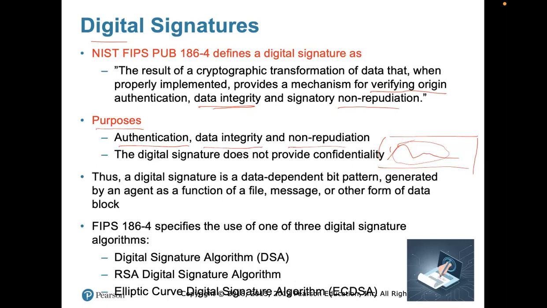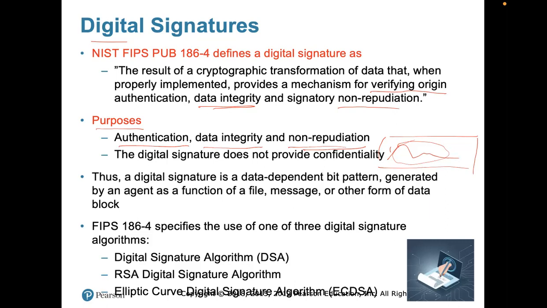The third one means that the person who has signed will not be able to later decline and claim that it wasn't me, because the signature is uniquely generated by the signer, and the signer cannot later claim that it wasn't me.